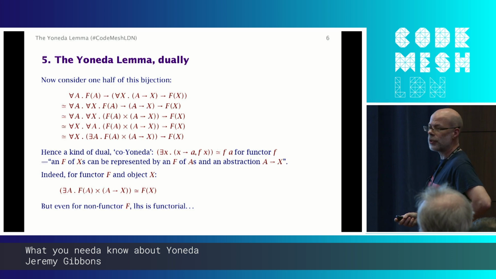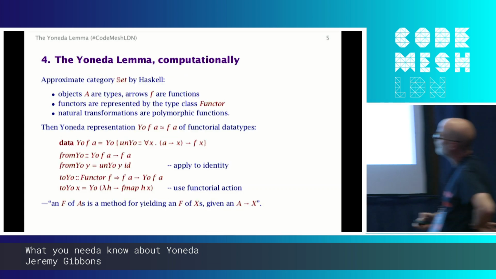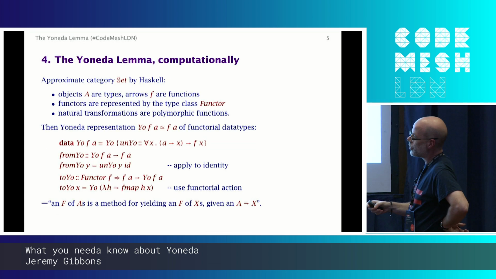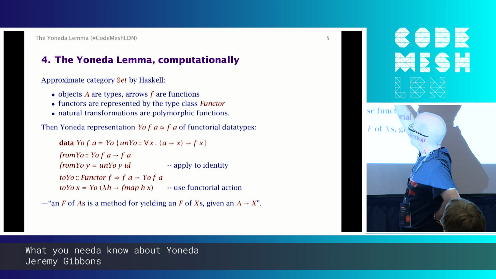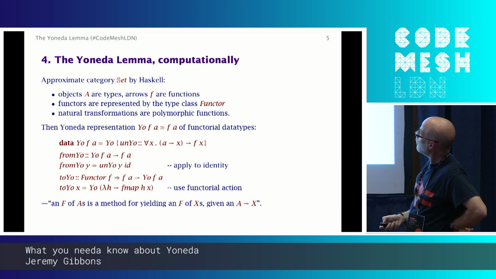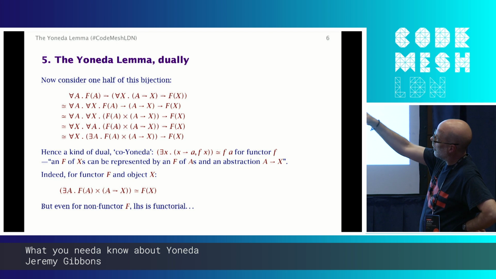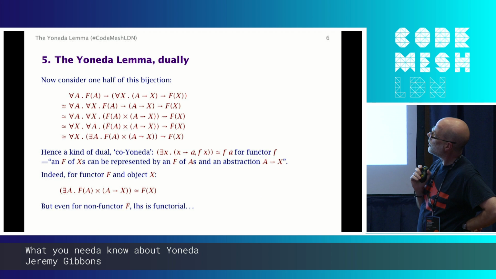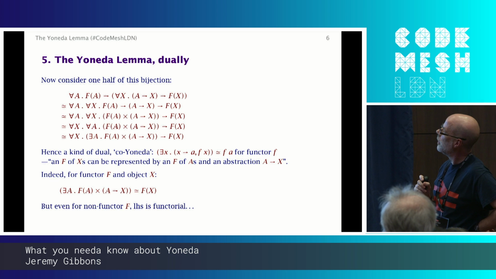Let me give you another example. I'm going to give you a whole bunch of examples. Here's another example. I said here that you can turn these things into those things and vice versa. So vice versa, turn an f of a's into a thing that takes an a to x's and gives you an f of x's.